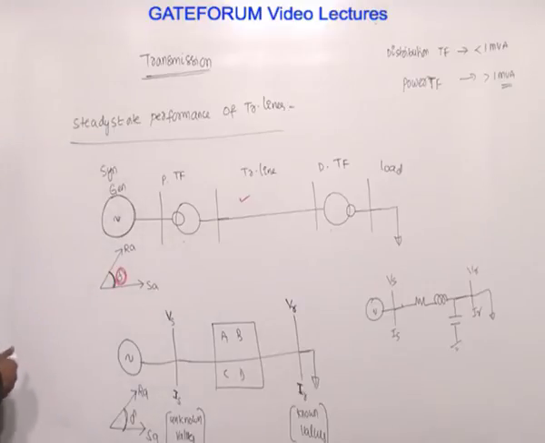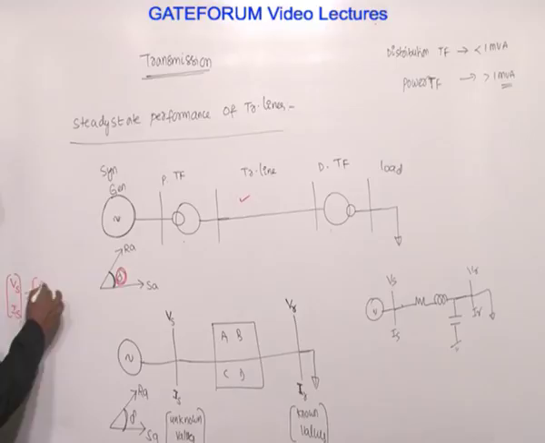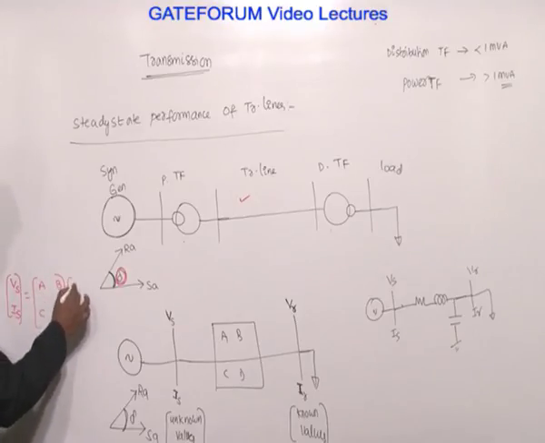Therefore, if you develop the matrix, on the sending end side, the unknown parameters are VS and IS, with ABCD, and this is VR and IR.